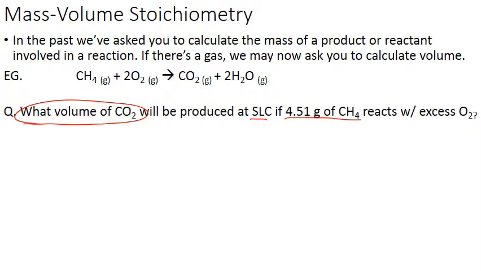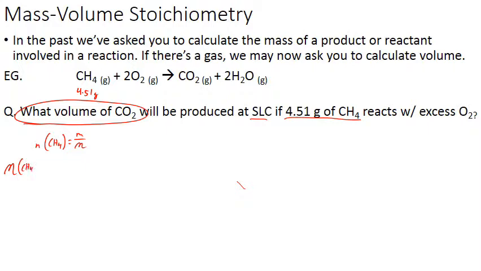So we have 4.51 grams of CH4 to start with. We still need to convert that into mole before we can go any further. So our amount of CH4 will be equal to our mass over our molar mass of CH4.